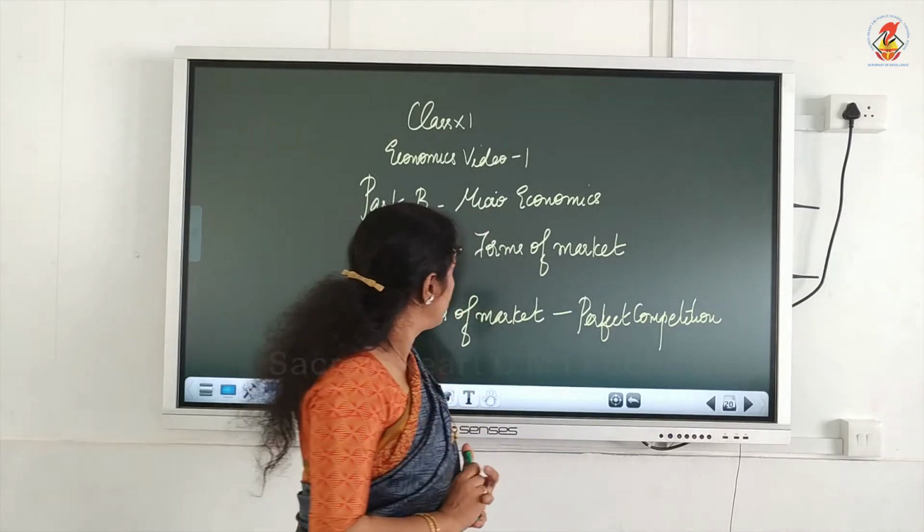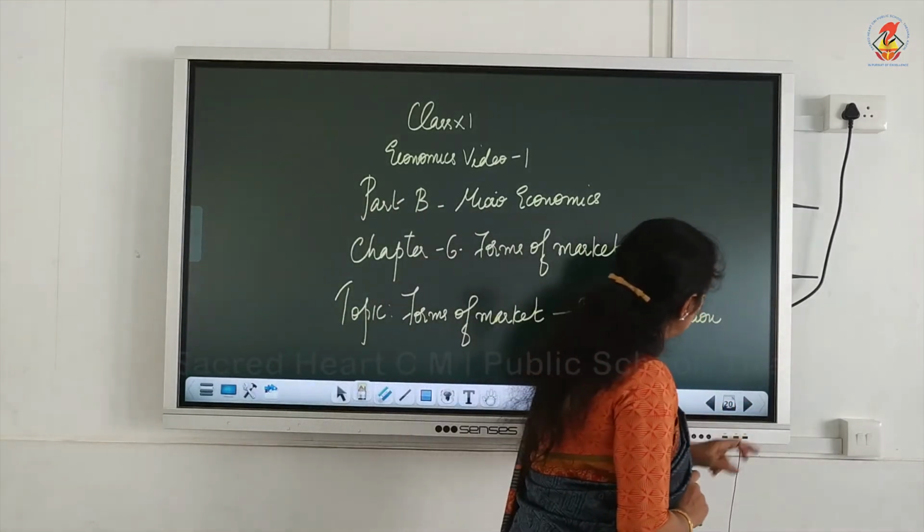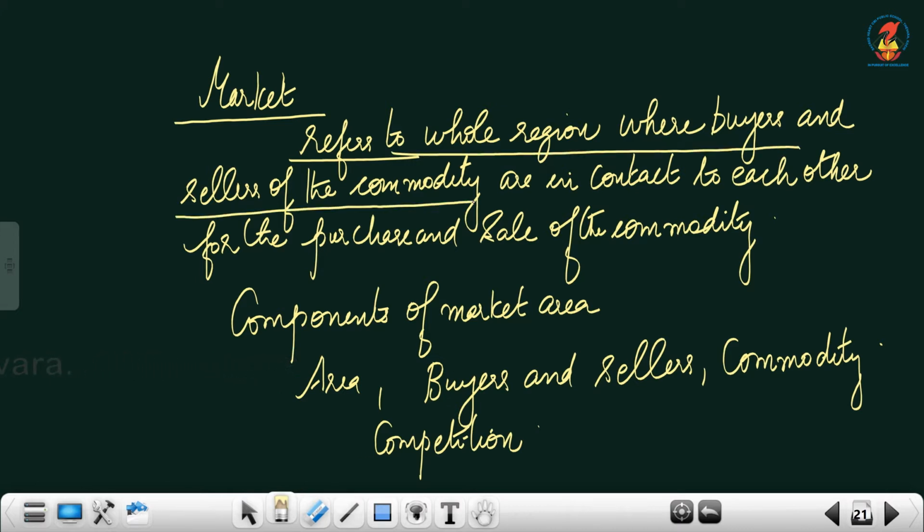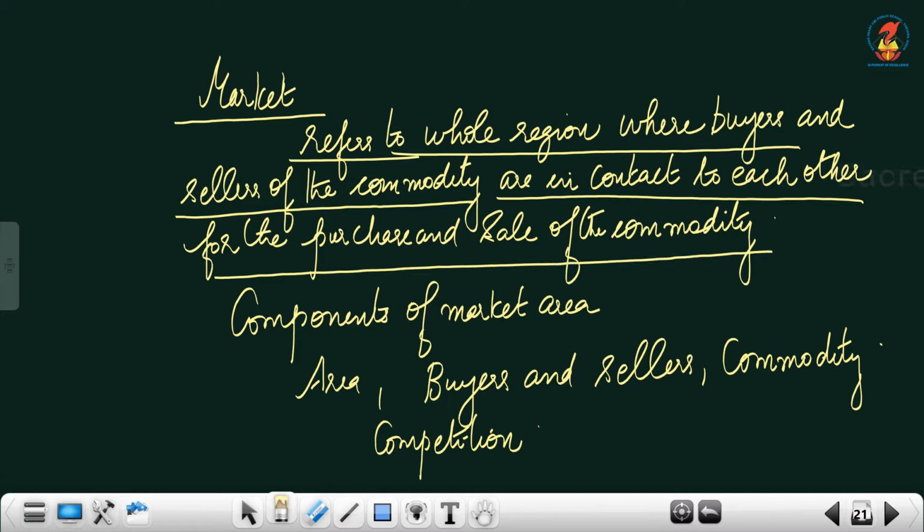Now, before moving on to the forms of market, let us define what is a market. You all have gone to a market and you know how to define a market in simple words, but we will define the market. It refers to the whole region where the buyers and sellers of a commodity are in contact with each other for the purchase and sale of the commodity.